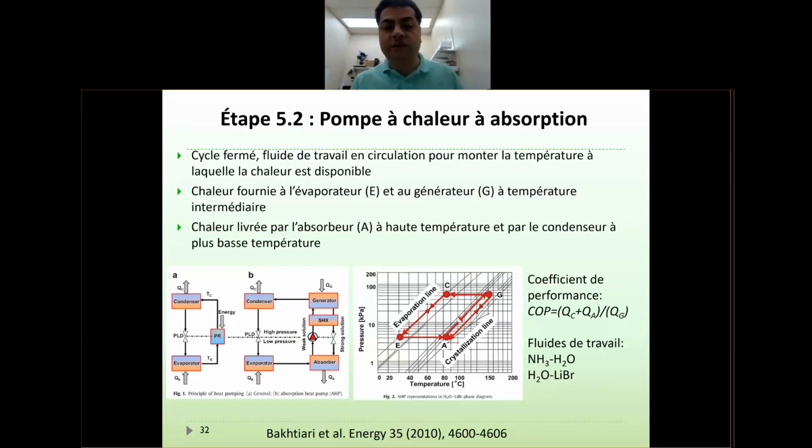So that working fluid, after it is pressurized, goes to a condenser and becomes condensed. As a result, some heat is released, like QC, to the atmosphere or to the target location.